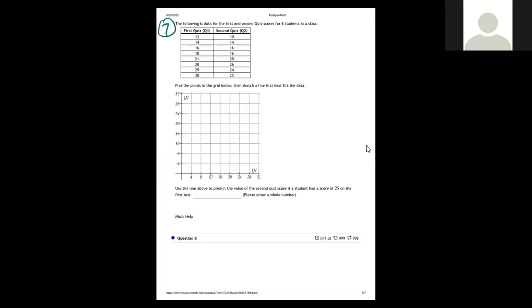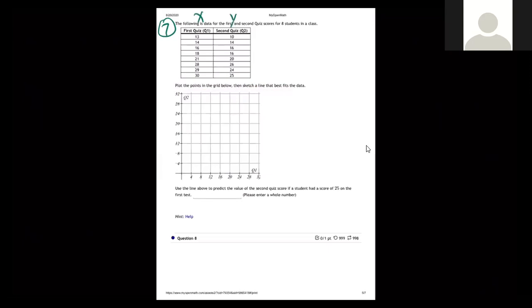What we want to do is they want you to put this on a graph. You see right here where they say plot the points on the graph below, then sketch the line. Let me show you. I hope you're able to go to number 7 on your homework right now, because I want you to see this with me while we do it. This is going to be like an XY graph.